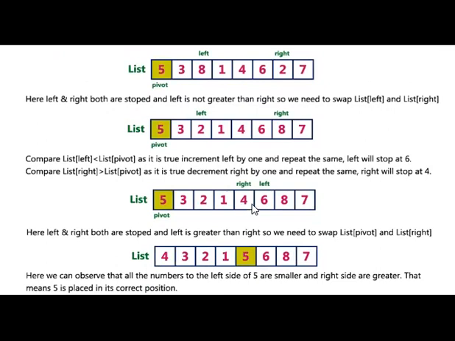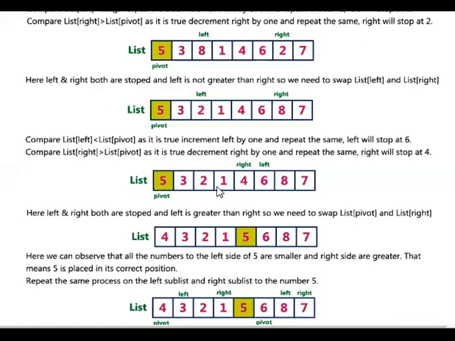Now the left position comes to 4, and the right position also comes to 4. So the left and right positions remain on the same position, and we check against the pivot value. If the left is greater than the pivot and the right is less than the pivot, the right being less than the pivot is satisfied.